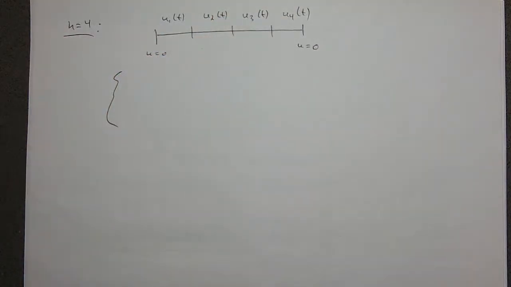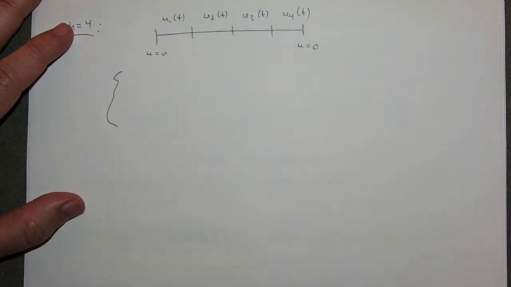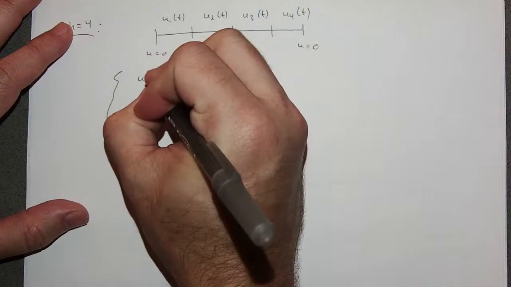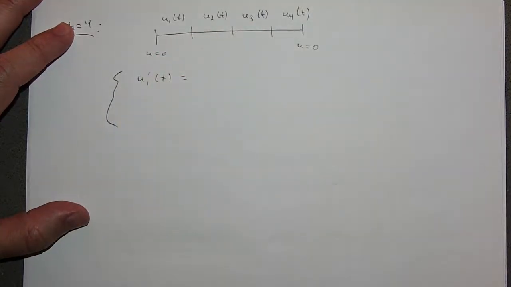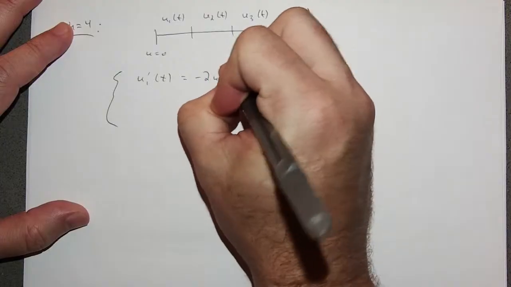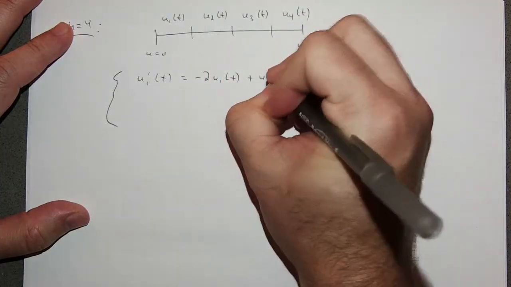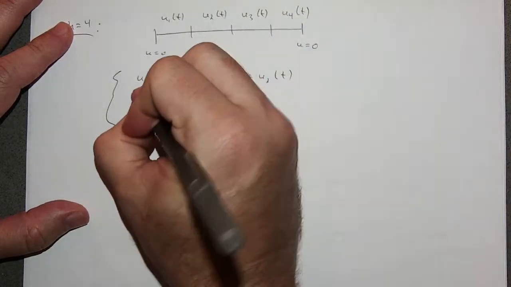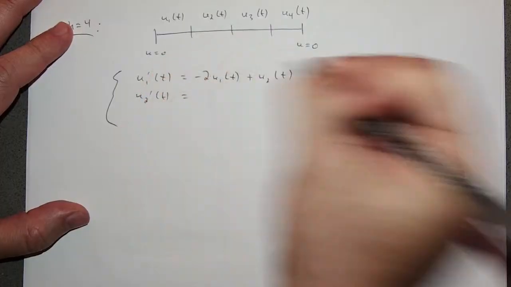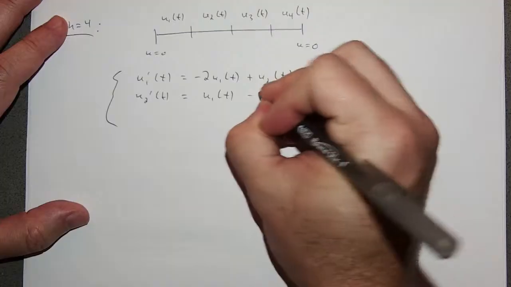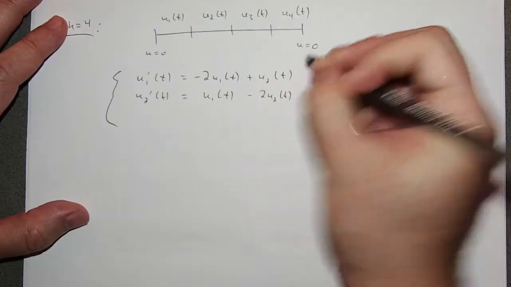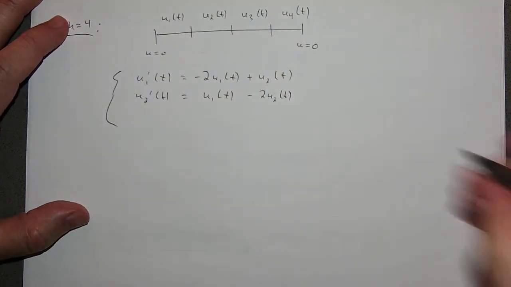Following the exact same pattern here, the resulting system of differential equations now is going to involve four unknown functions, u1 to u4, and their derivatives. So u1 prime would be, following the same reasoning, minus 2 u1 of t plus u2 of t. u2 prime would be u1 of t minus 2 u2 of t plus u3 of t.